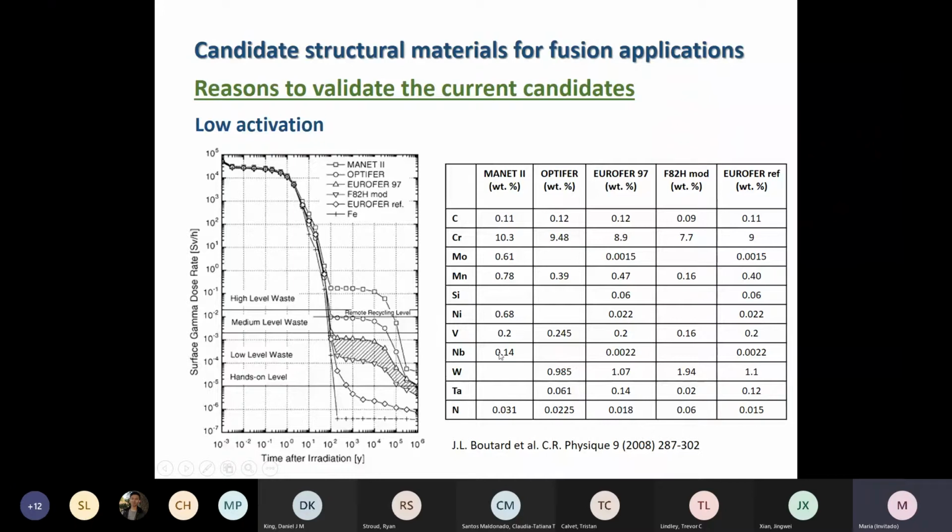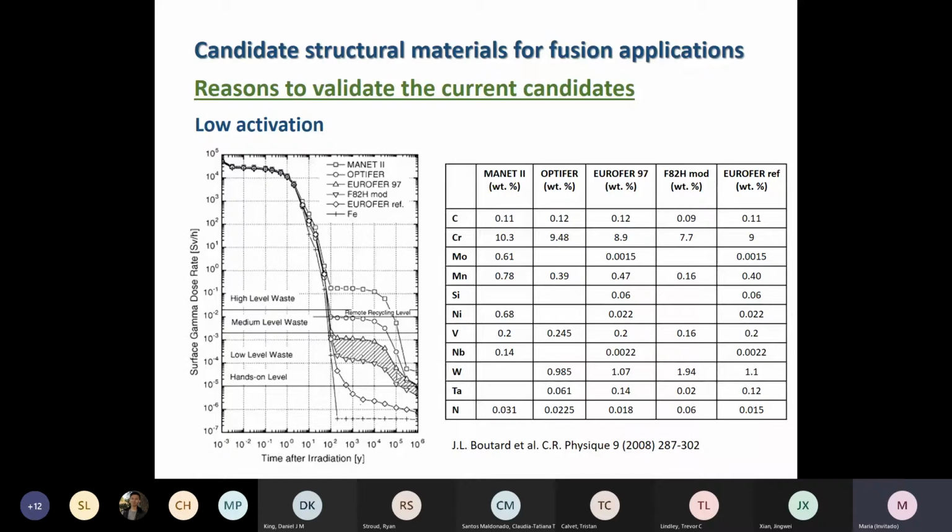We see that it contains niobium, not a high amount, but that content in niobium just makes it be in the high level waste, and that makes it not interesting. So the safest in terms of activation is the Eurofer 97, the ferritic martensitic alloy developed in Europe. 97, I think, is the year in which it was produced.